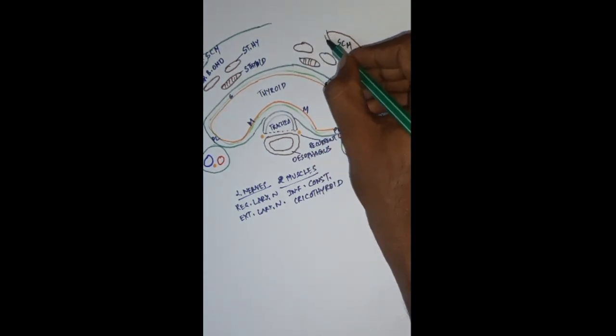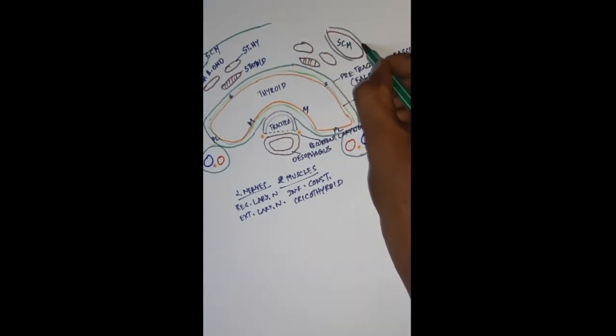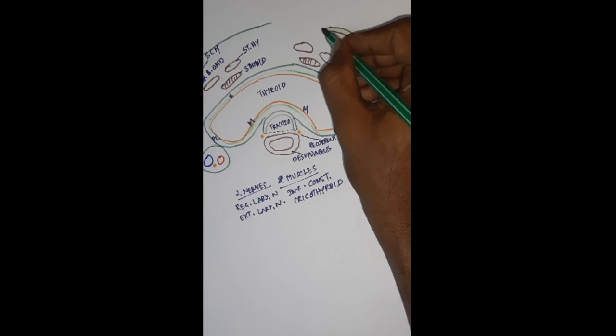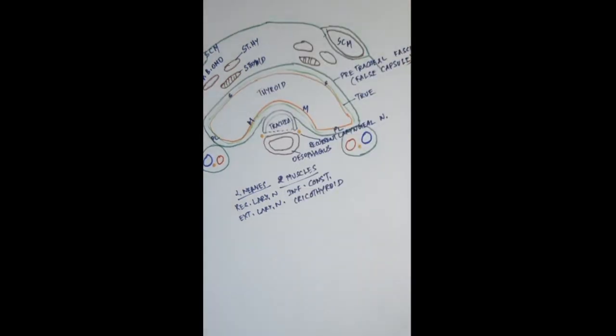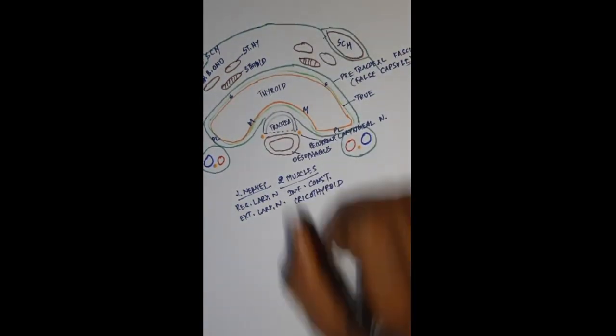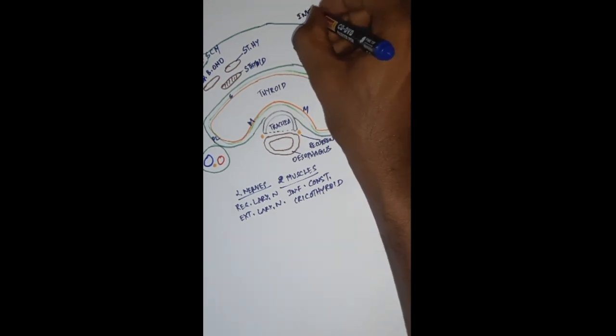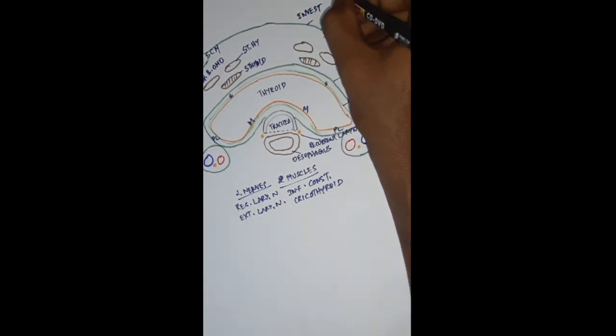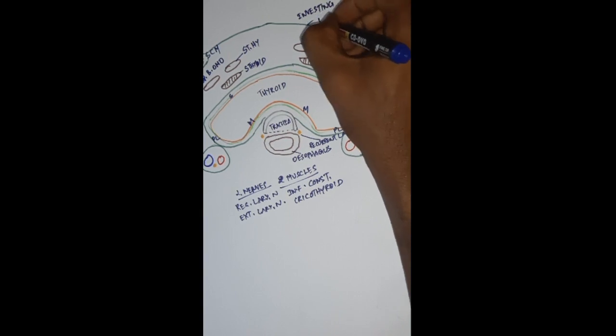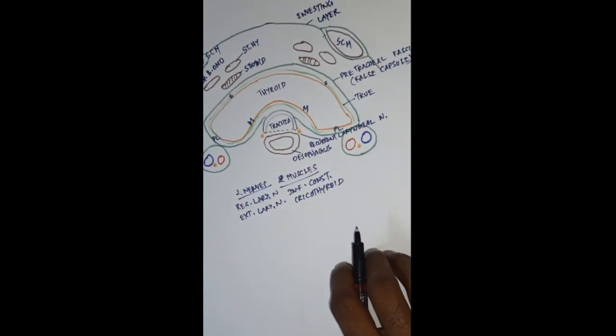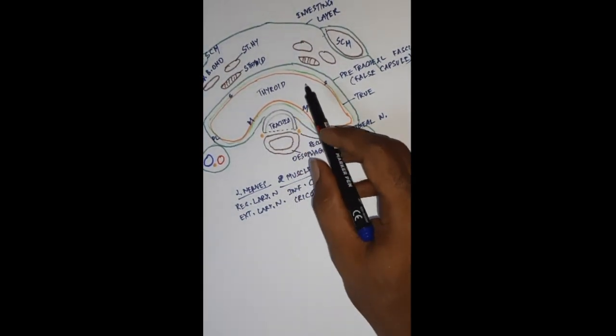Again here on the right side you could see that it is splitting and enclosing. What is this layer? This layer is nothing but the investing layer of deep cervical fascia. Got it? The relations are very easy.